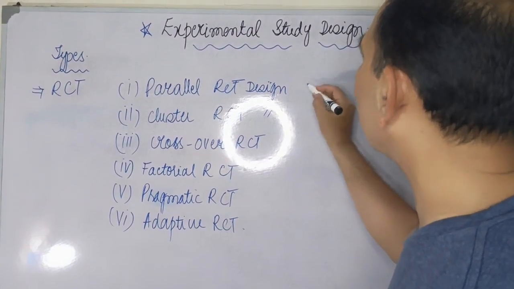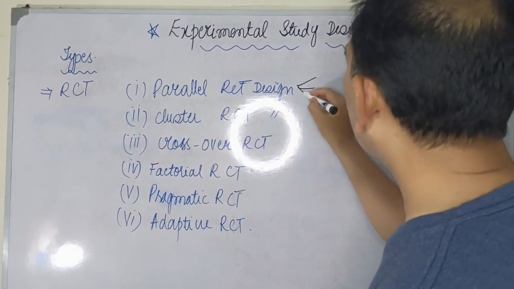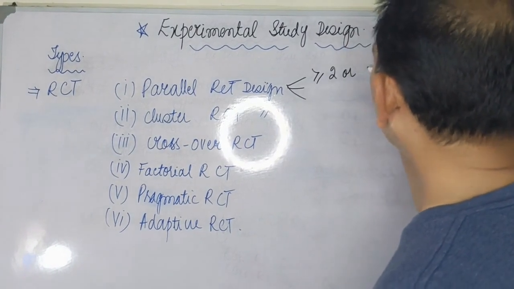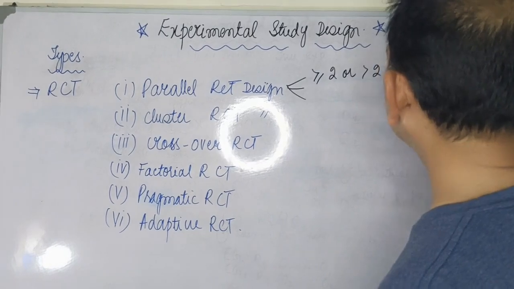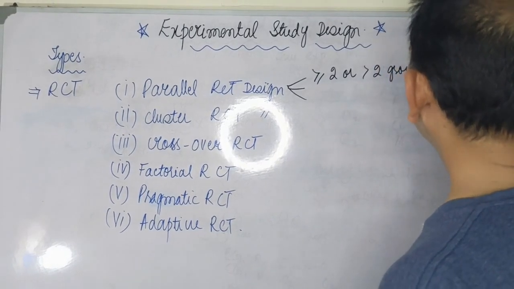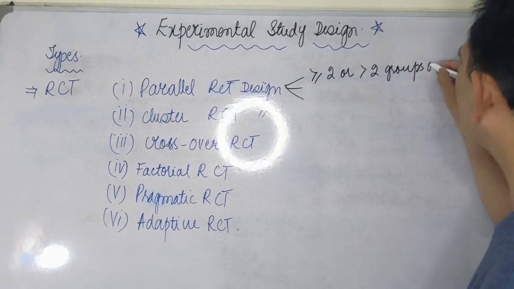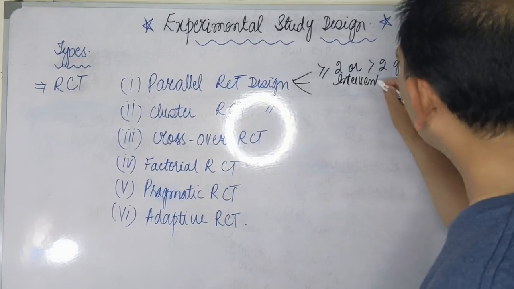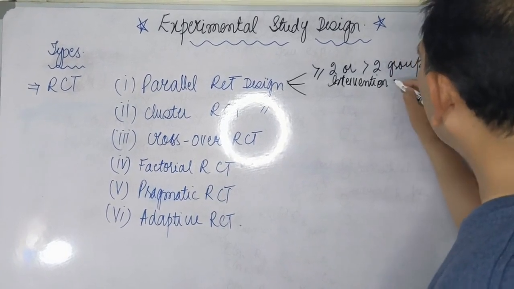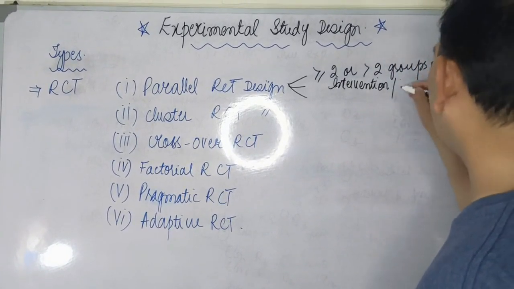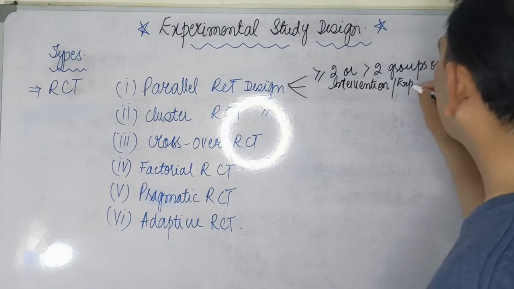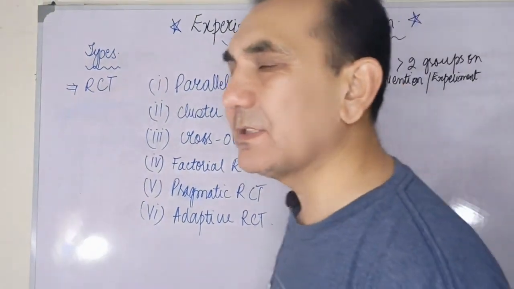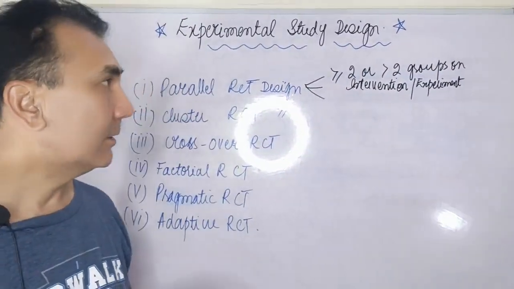In the parallel study design, the researcher always uses 2 or more than 2 groups on which he performs the intervention or any experiment, and sees its effects parallelly.